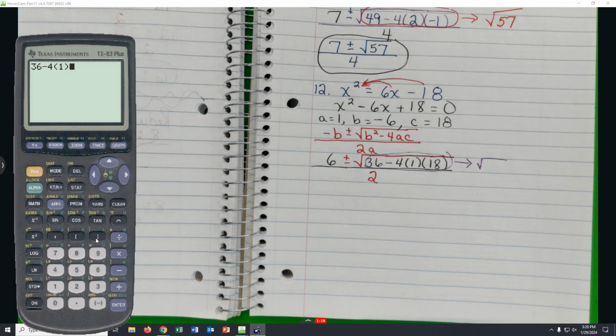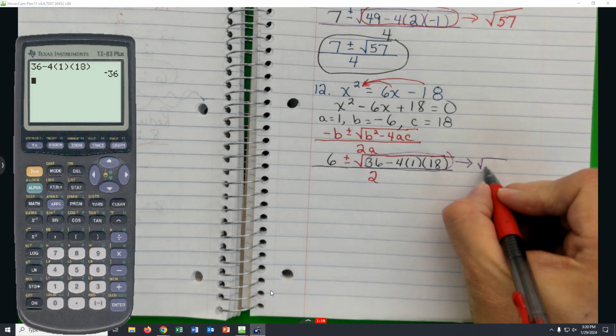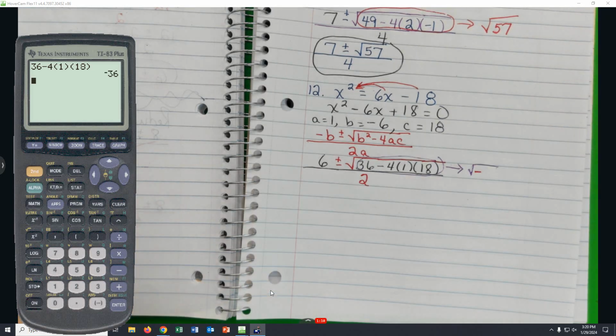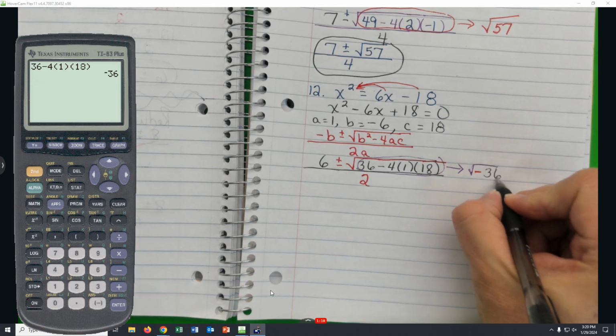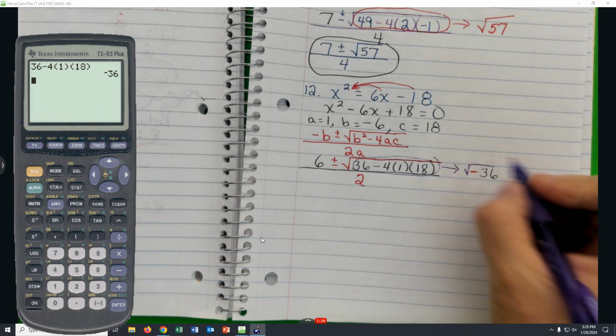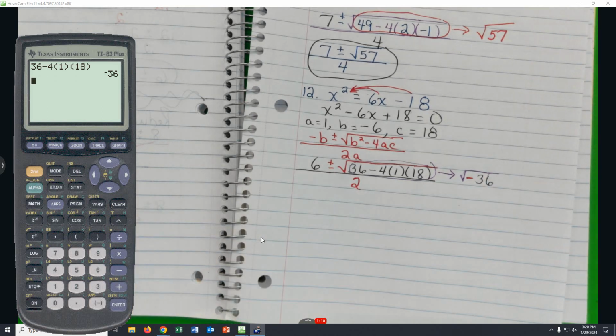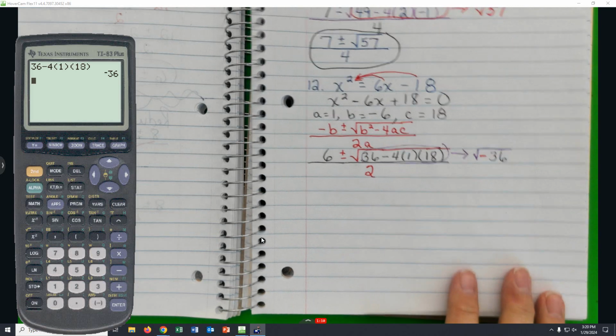I don't need to write that times 1, but I did anyway. Times 18. And negative 36. So we have a negative 36 under that square root symbol.